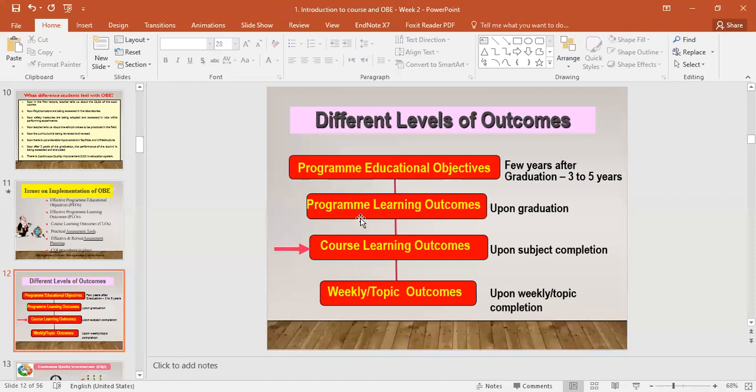There are PLOs designed, or given by the PEC, that a student will achieve after graduation.